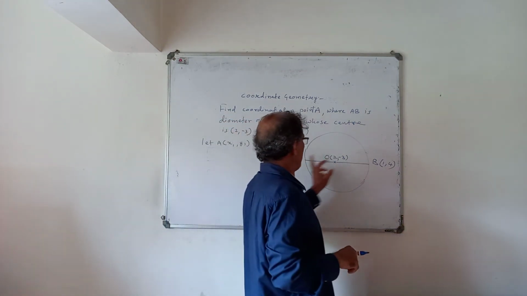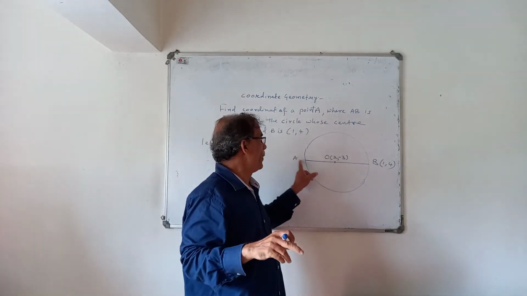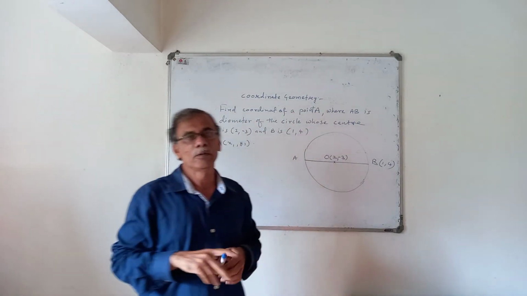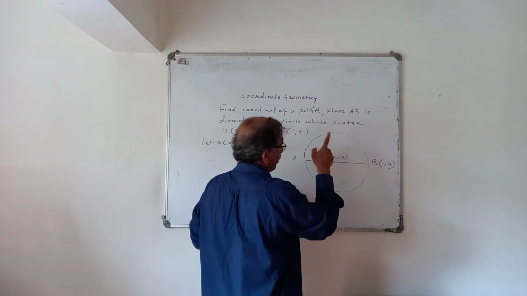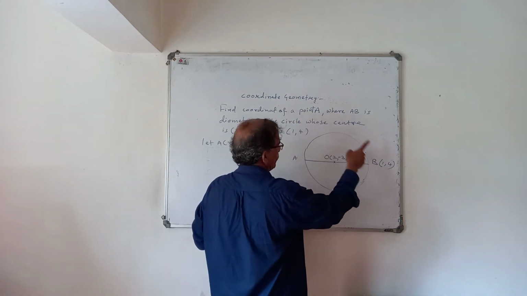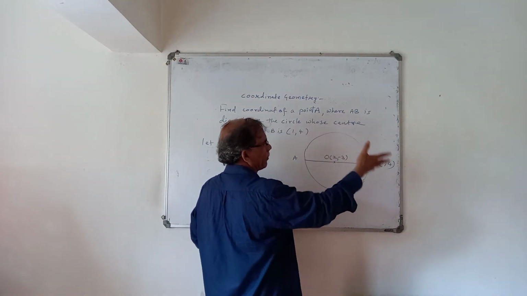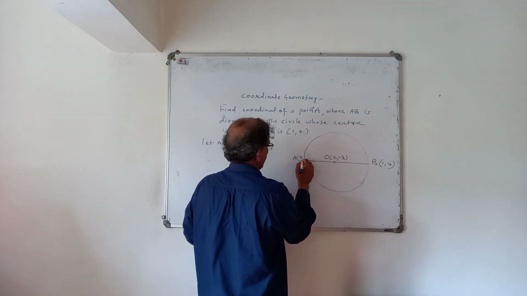Now, if AB is diameter, what is O here? O center means midpoint of the AB. So we have to use, now see, you know the midpoint formula, isn't it? What we are writing? x1 plus x2 upon 2, y1 plus y2 upon 2. Now this is A x1, y1.